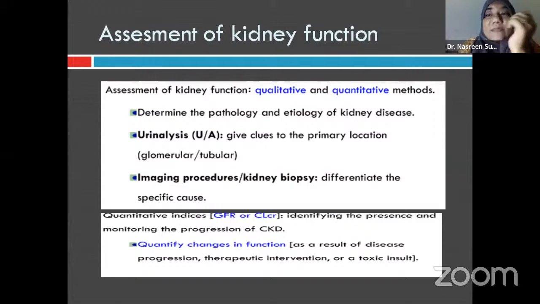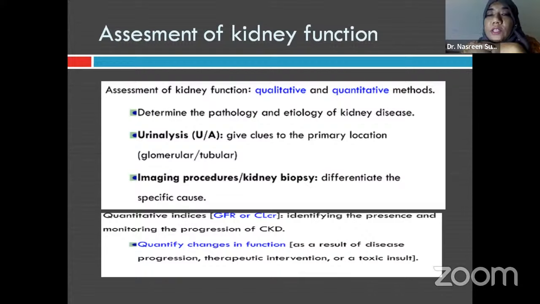Now coming to the assessment of kidney function, this you are going to study in biochemistry, but still sometimes he asks these things also. If you know what they are doing in this, then it's more than enough. There are different kinds of techniques available in assessing kidney function. You are going to have urine analysis.